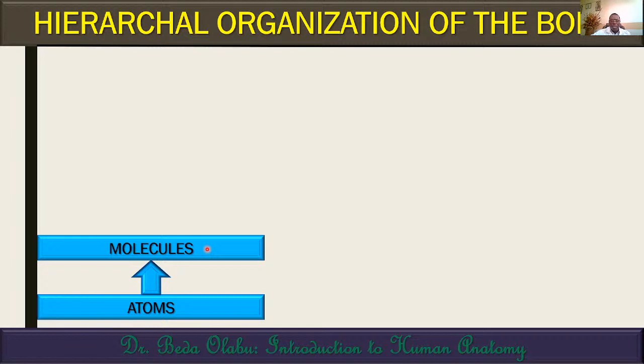Examples of molecules would be CO2, that is a carbon dioxide molecule, O2, that is the oxygen molecule, H2O, that's the water molecule, and such examples. So a molecule will be a combination of different atoms. It's a group of atoms that can exist on its own.